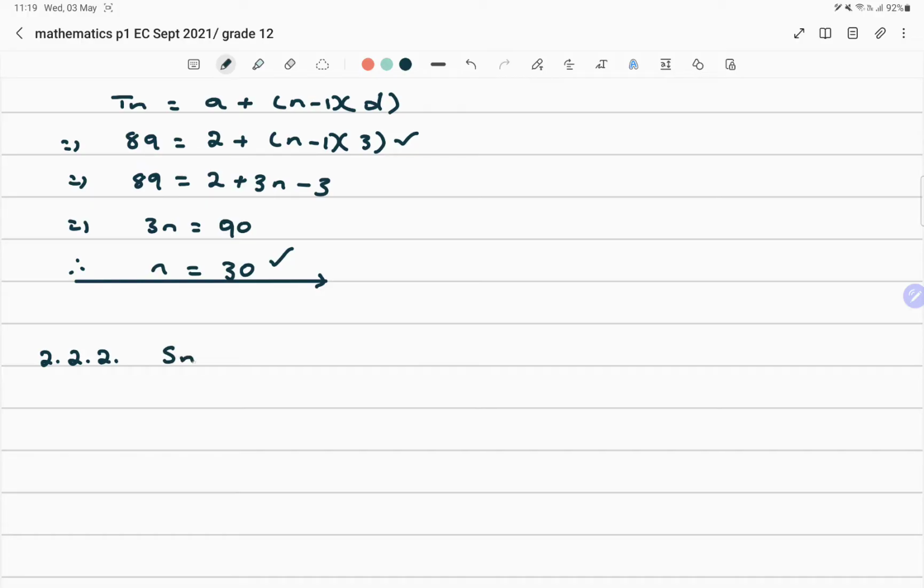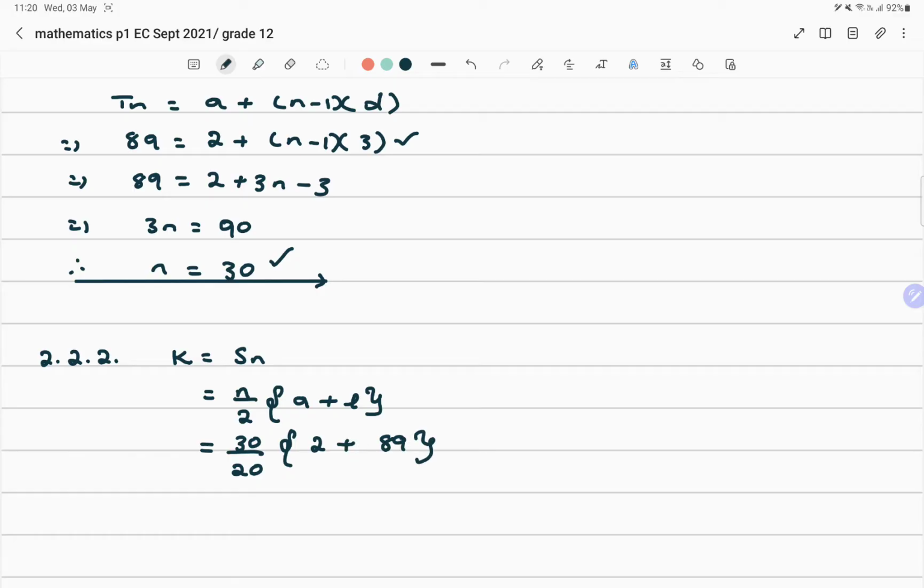Easy stuff. So 2.2.2. We know that k is equal to Sn, which is basically going to be n over 2 into a plus l, because we do know the last term. So n is 30 over 2, times 2 plus 89.